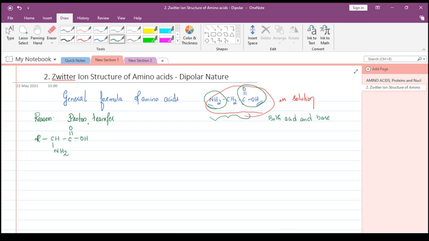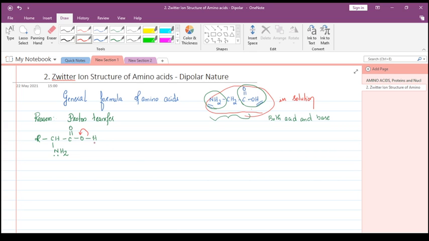Though we write it in this way, there is a bond between the oxygen and hydrogen. Oxygen is more electronegative than hydrogen, and here nitrogen is carrying a lone pair of electrons. Oxygen, being more electronegative, attracts the bond pair of electrons towards itself.